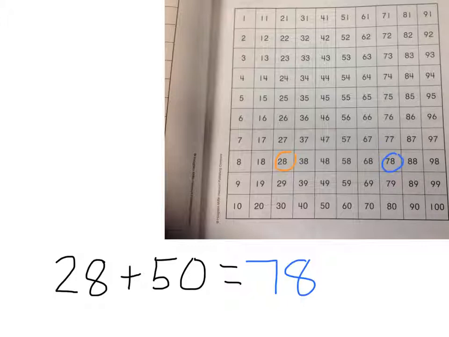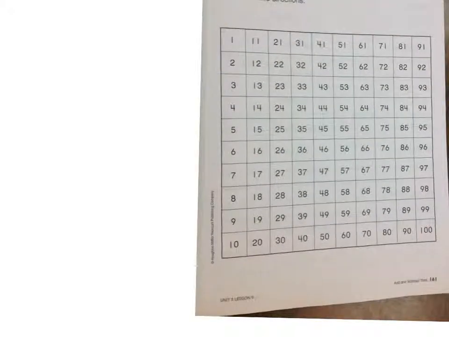Great job, friends. Now let's think about how addition and subtraction are opposites. You're going to do the opposite thing, right? When you add, you put together. When you subtract, you take apart. So if you're going to use a hundreds chart to subtract, you'll do the opposite of what you did when you were adding.